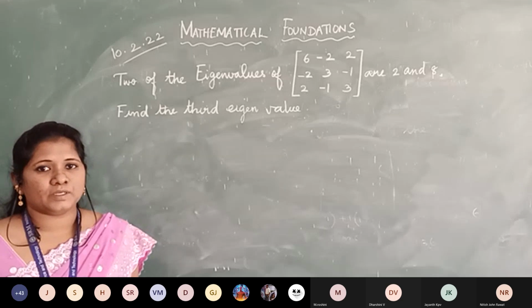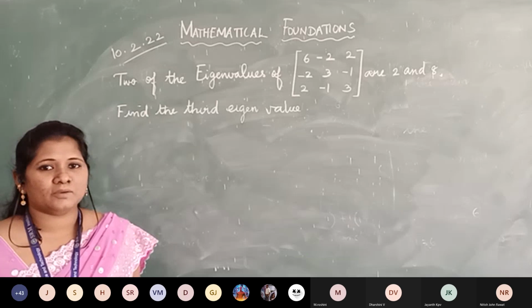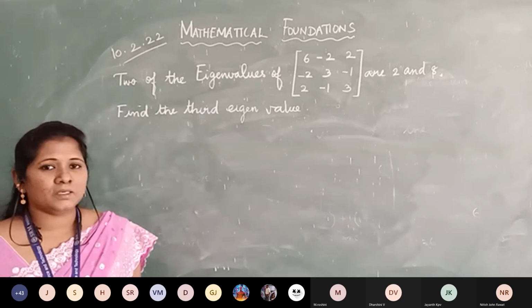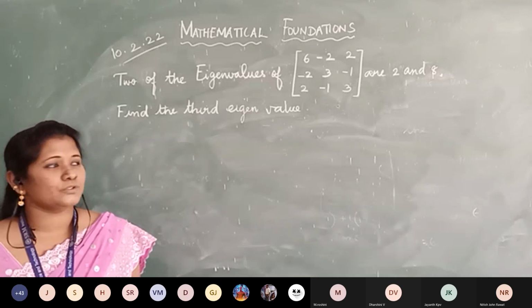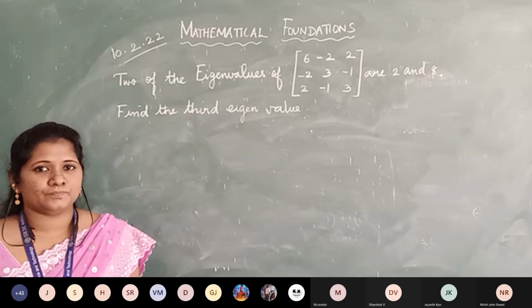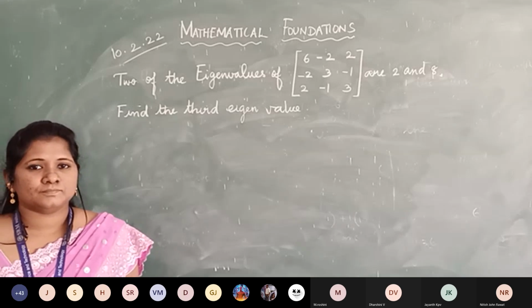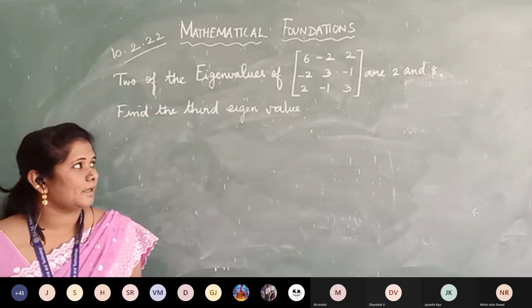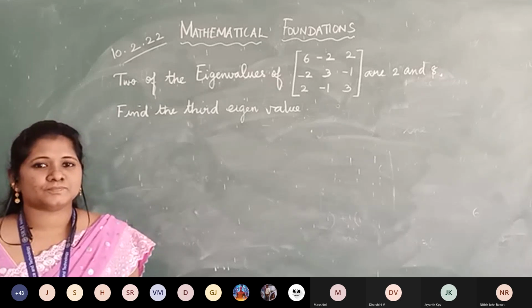With property 1 only, you're going to find out your third eigenvalue. Think and tell me what you will do.